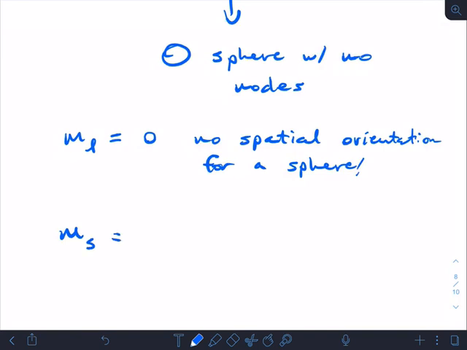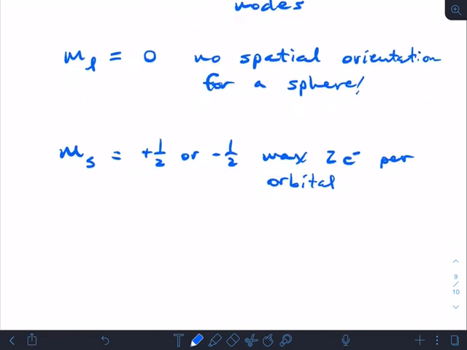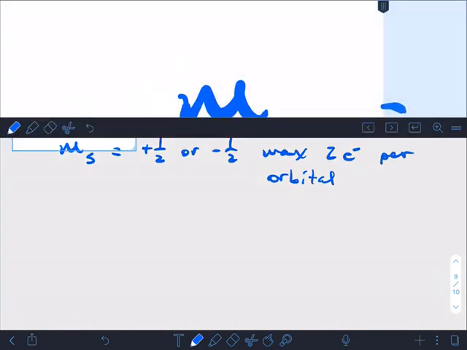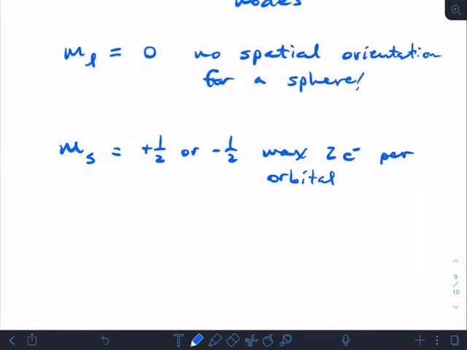And my m sub s can be plus a half or minus a half. Okay? Because there's a maximum 2 electrons per orbital. So I could say 1 electron, if I'm dealing with this scenario.